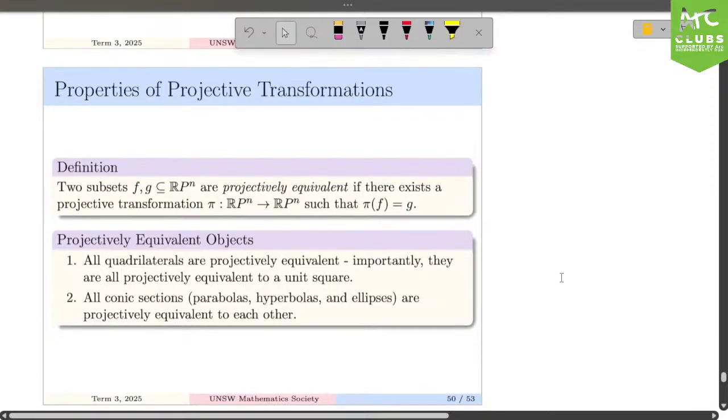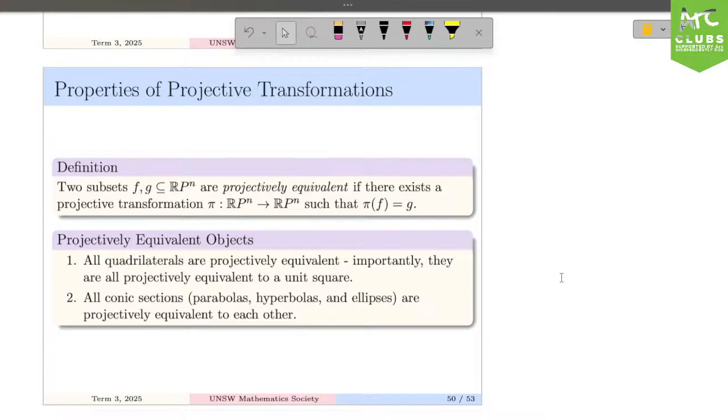Okay, so now we need to define projectively equivalent. Similarly to how we've defined congruent or similar figures, two figures in the projective plane are projectively equivalent if there is a projective transformation that transforms one of them into the other.